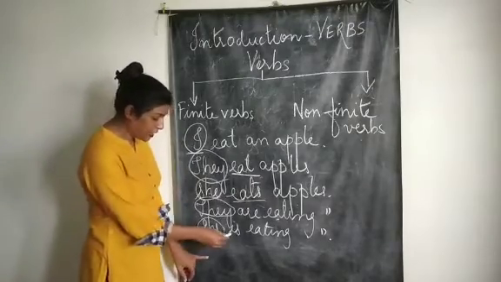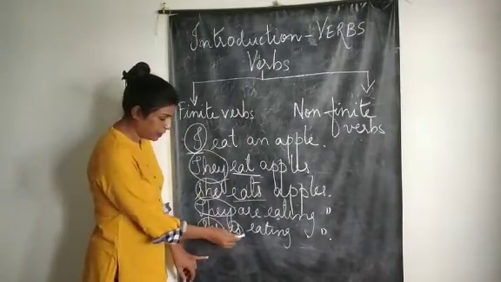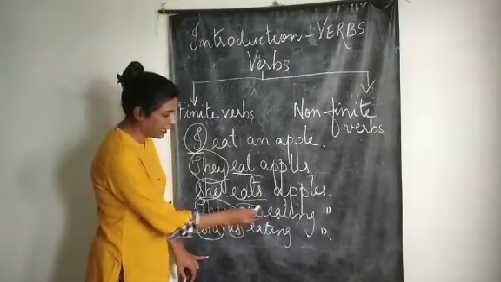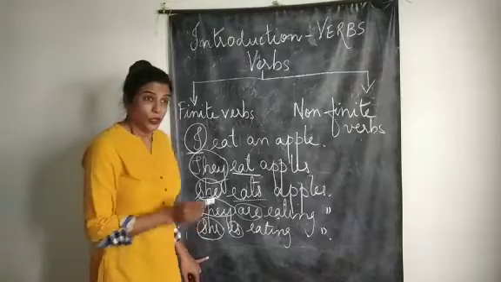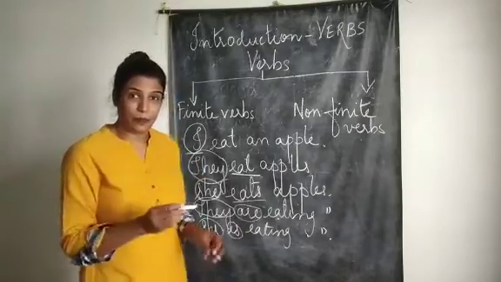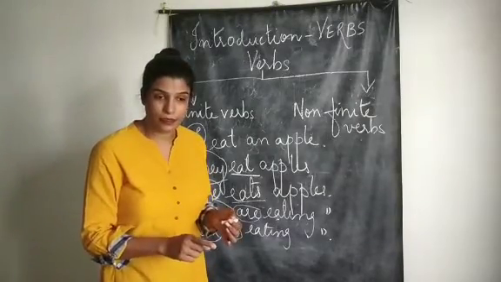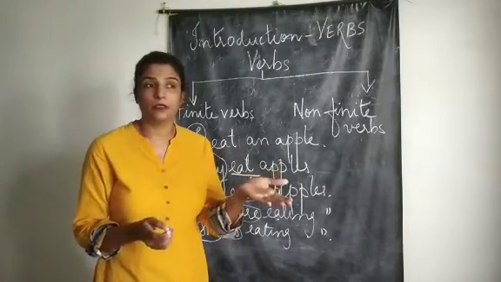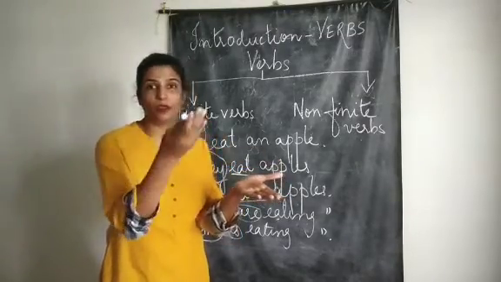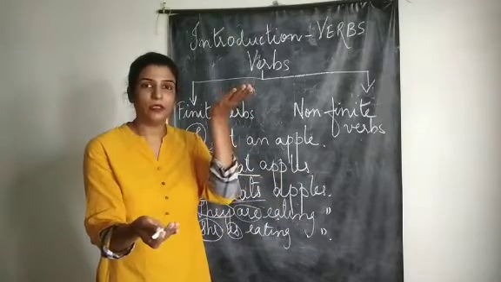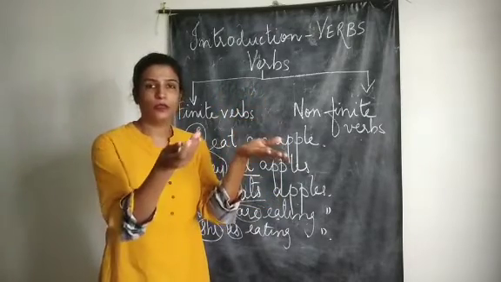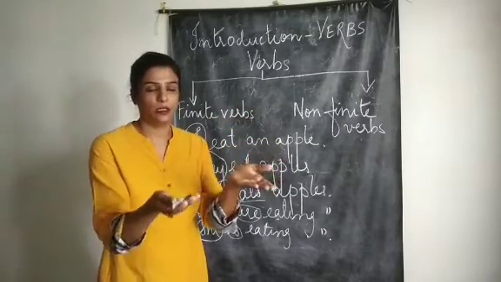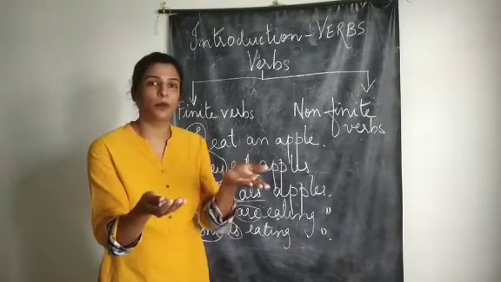With she, I use a singular helping verb, and with they, I used a plural helping verb. So this effect comes in tenses where the effect of the number of subjects comes on the verb. If the subject is singular, the verb will also be singular, and if the subject is plural, the verb will also be plural.